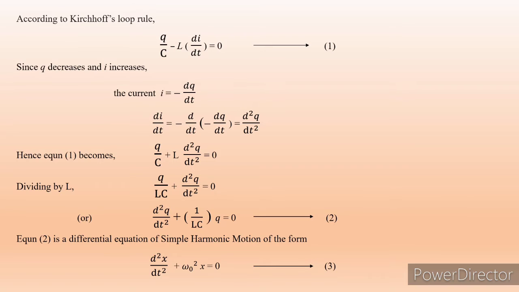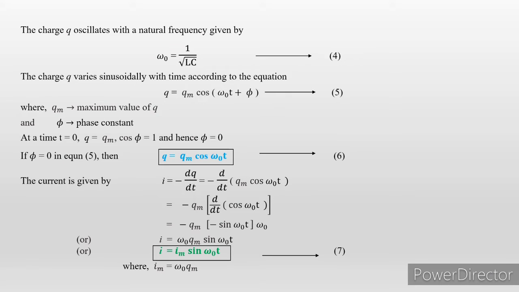This is equation 2. Equation 2 is a differential equation of simple harmonic motion of the form d square x by dt square plus omega square x is equal to 0. This is equation 3. The charge Q oscillates with a natural frequency given by omega naught is equal to 1 by root LC.